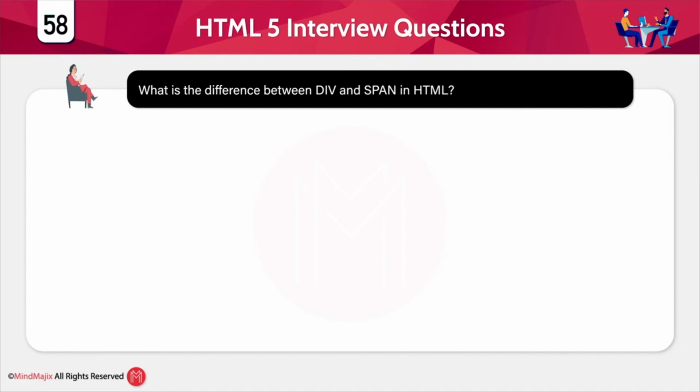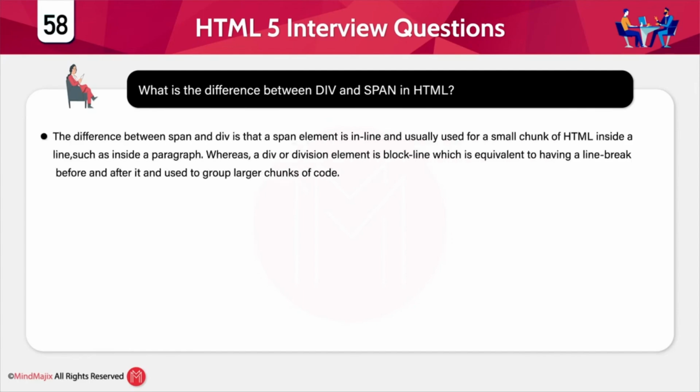As we have already discussed in the sessions, the div tag is a group level tag, and the span tag is an inline level tag. The span element is usually used for a small chunk of HTML inside a line, such as inside a paragraph.